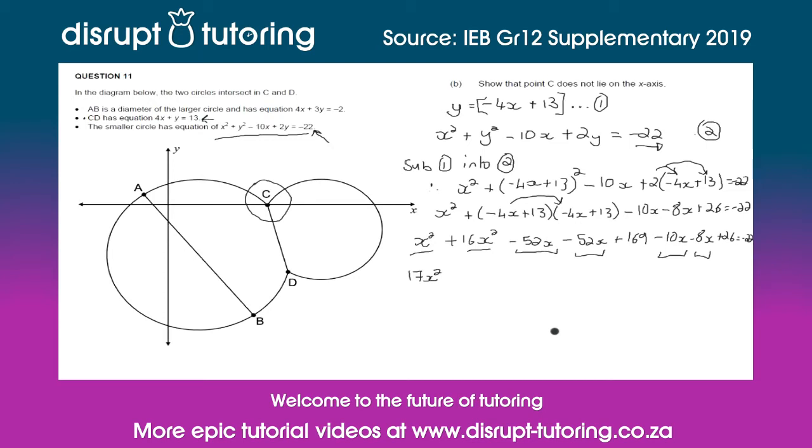All your like terms together, so negative 52x minus 52x is negative 104x, minus the 10 is a negative 114, minus the 8 is a negative 122x, and your constants added together should equal, well, 217 if you take that negative 22 to the other side, and this will all equal 0. So now we have an equation just in terms of x.